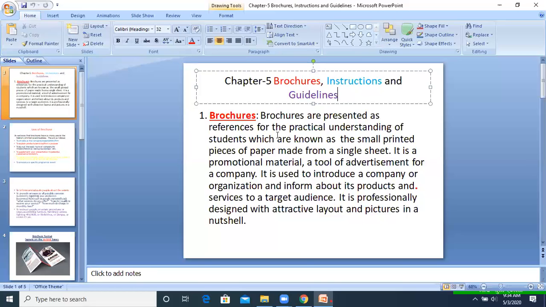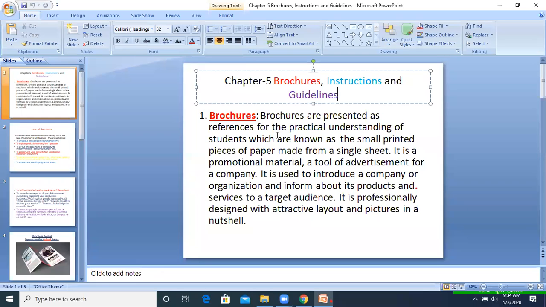I am very happy. Especially, what is the brochure? I think this is a repeated term, because we have already discussed the brochure in the written message, isn't it? Brochure, email, letter, and many other things are included in the written message.